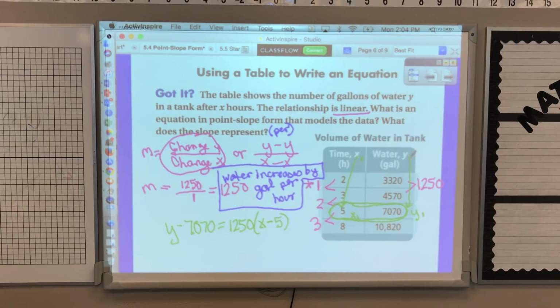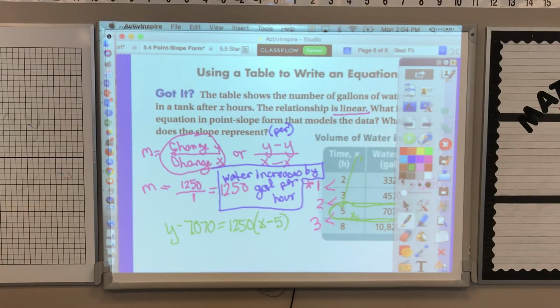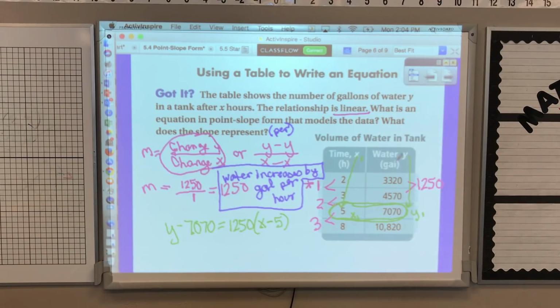Okay? If I would have chosen this first one, my equation, I can write those down quick, would be y minus 3,320 equals 1250 times the quantity of x minus 2. If I would have chosen the second one, it would have been y minus 4,570 equals 1250 times the quantity of x minus 3.